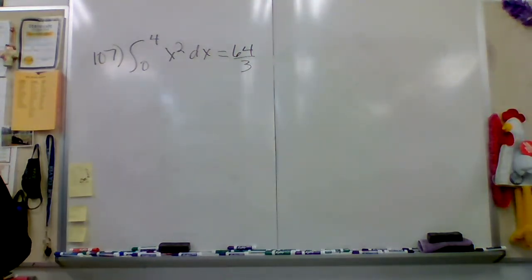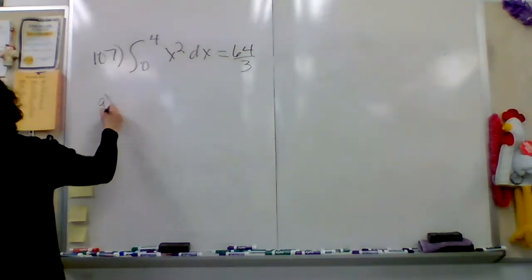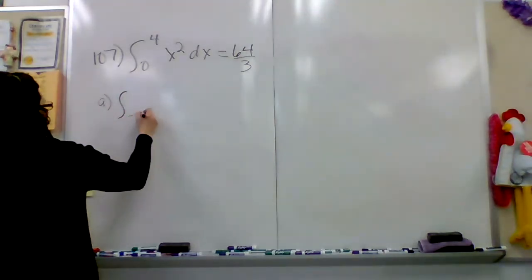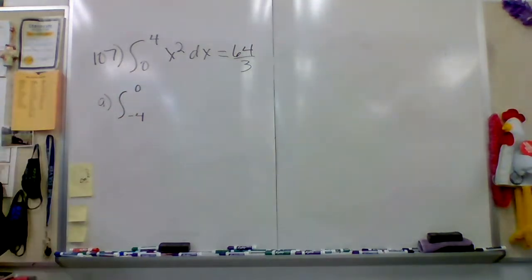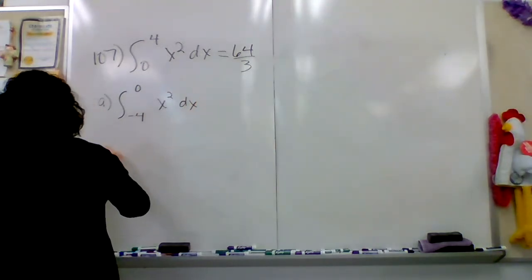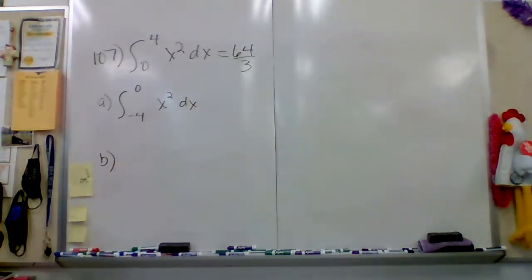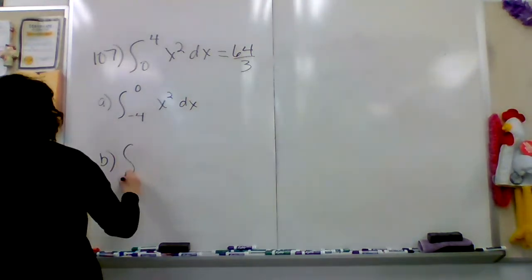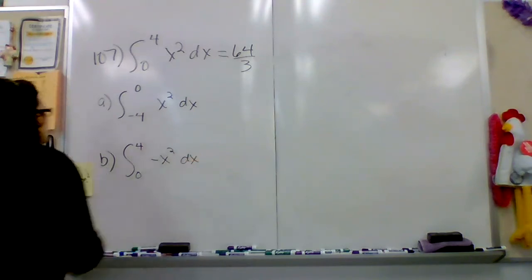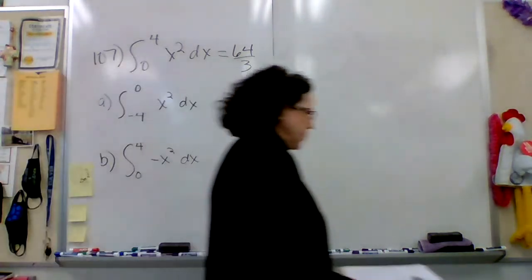They want you to find each of these expressions without using the fundamental theorem of calculus. So a is the integral from -4 to 0 of x squared dx. I'm just going to go ahead and write them, and then we'll do them. Then on b, 0 to 4 of -x squared. So basically, they're asking you to use properties here.